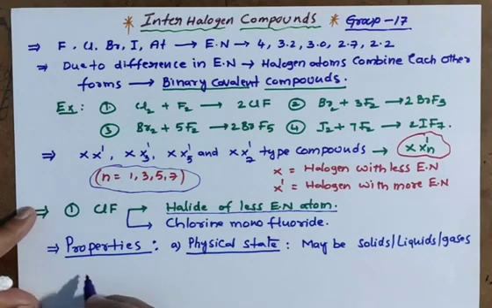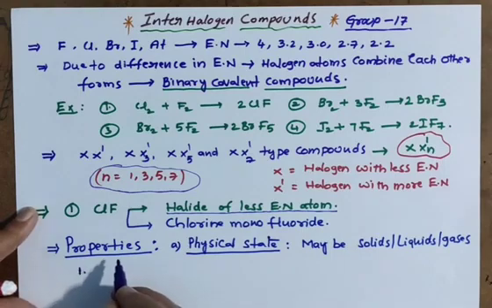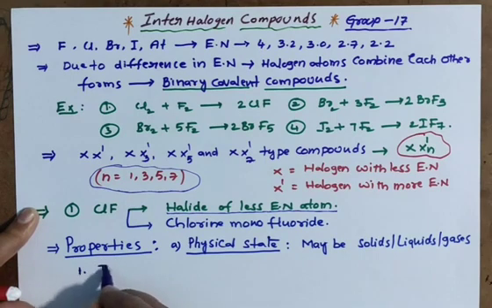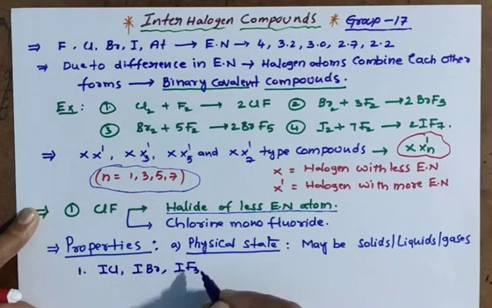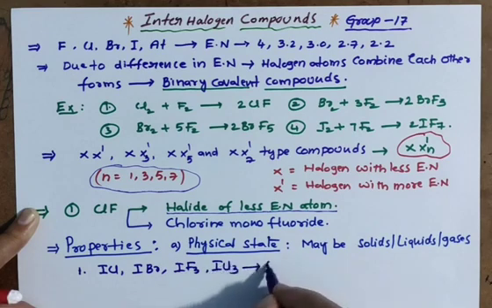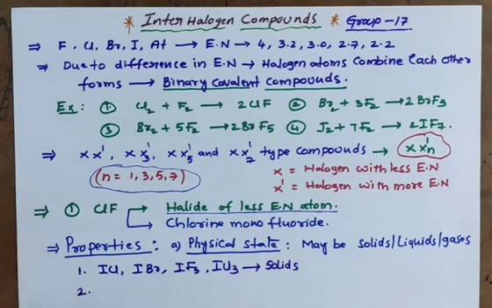A few examples I am showing here. Some solids, some liquids, some gases. Some solids: iodine monochloride, iodine monobromide, iodine trifluoride, and iodine trichloride. These are solid in state. And some liquids I am showing.